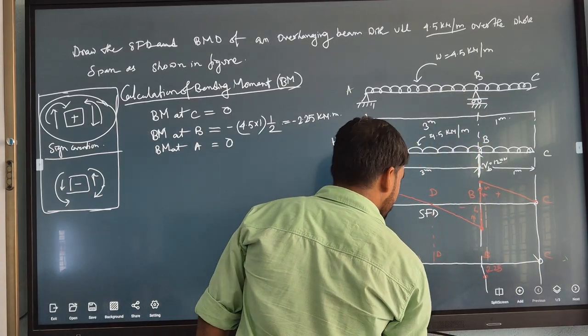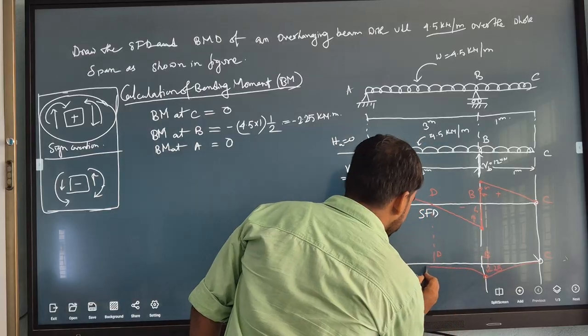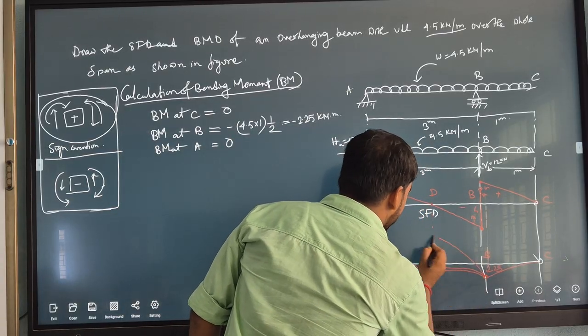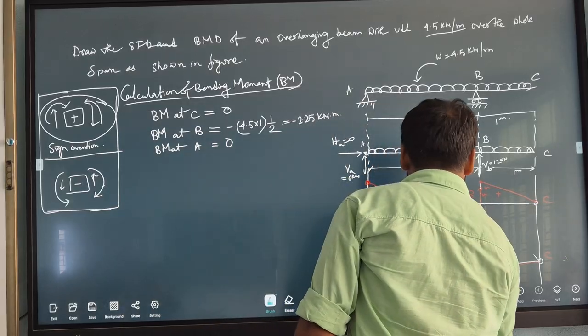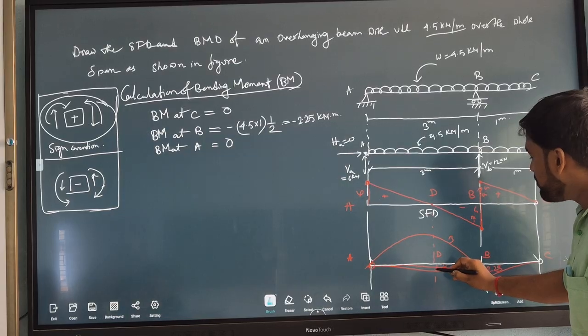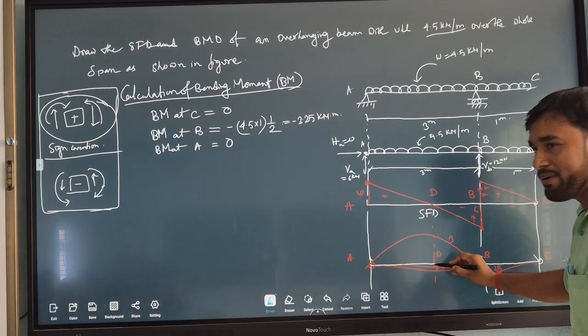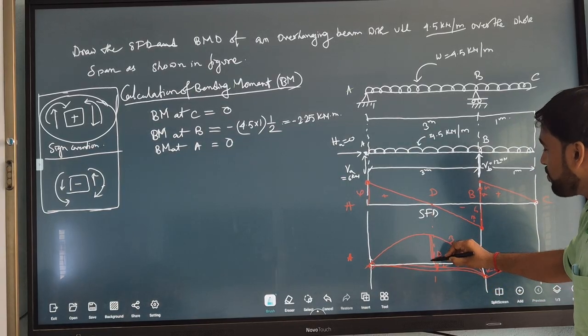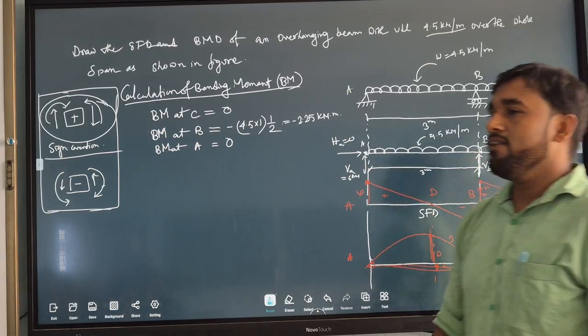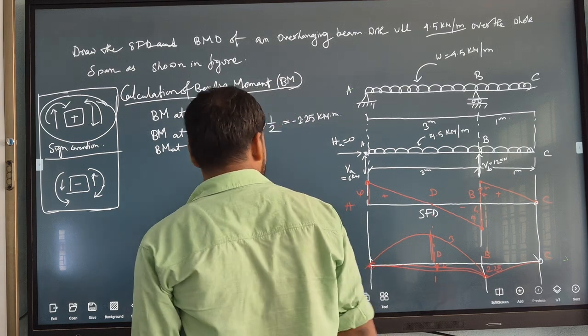Suppose this diagram or this diagram or this diagram, 1, 2, 3. Which one will be correct? For 1, this amount of bending moment. For 2, this amount of bending moment. For 3, this amount. So 3 will be correct. Okay. I will calculate what is the maximum.